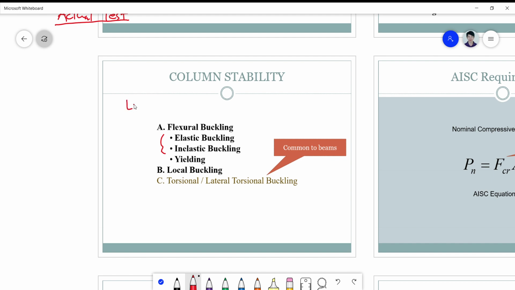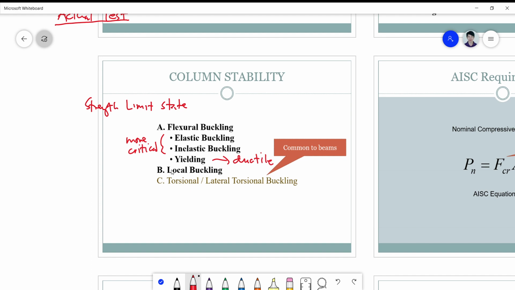So these are actually the limit state condition on strength. So these are more critical than yielding. So this is a more brittle failure than yielding, because yielding is always ductile. Okay.